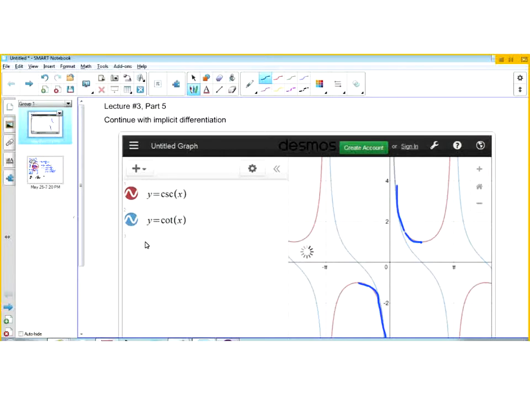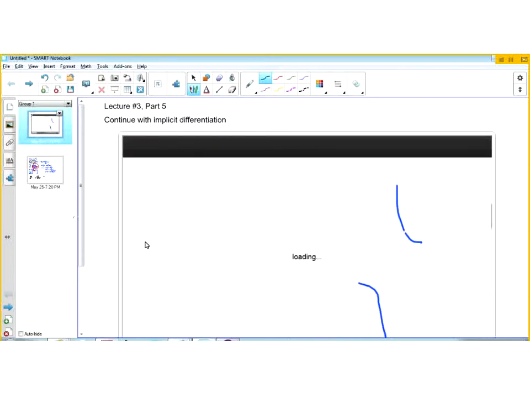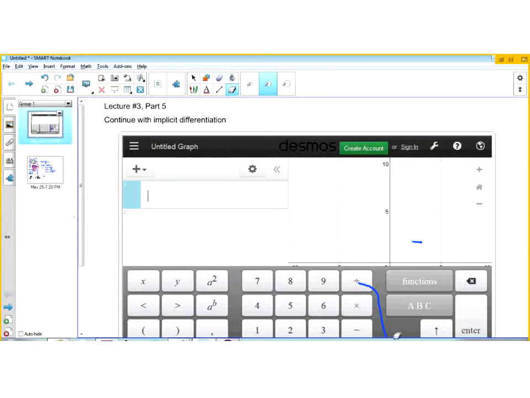So that's missing on this graph. So let's take a look at what the arc cosecant function graph looks like, because we need to understand its domain.